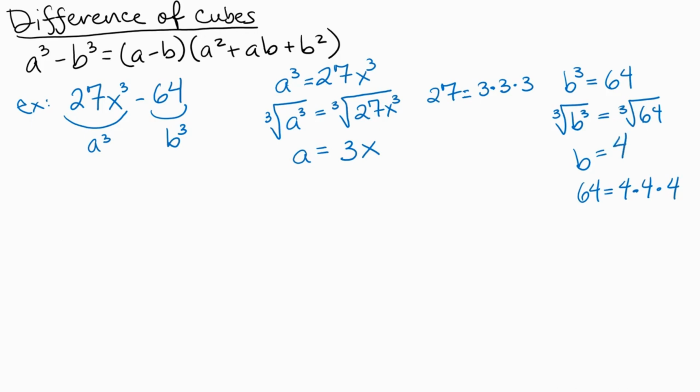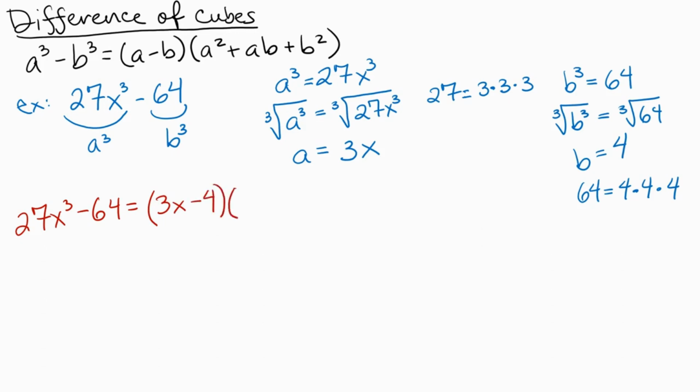So now once we're here, we're just going to plug it into that original equation that we have at the top. I'm going to rewrite the whole thing. We have 27x cubed minus 64 is equal to parentheses a minus b. a we just figured out is 3x, minus b is 4.